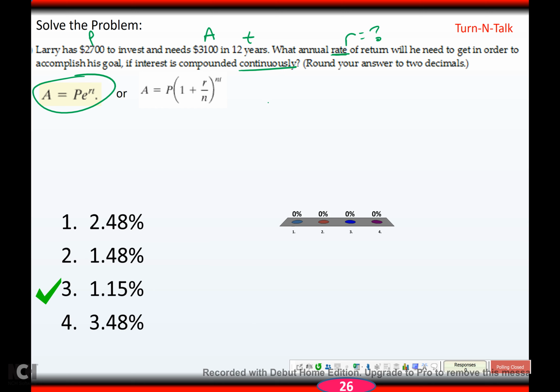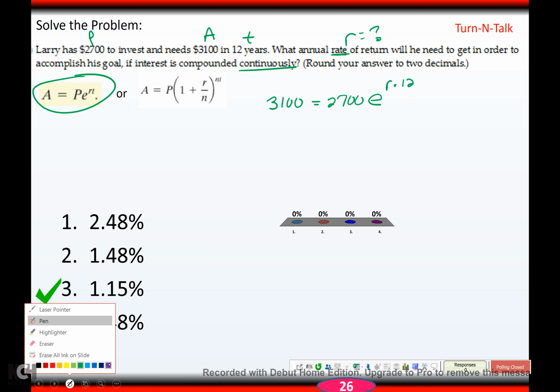So if I plug in what I know, the amount I need at the end is $3,100. I'm starting with $2,700 times E to the rate, which is what I'm looking for, in 12 years, so times 12. So again, I need to isolate so that I can ln it.